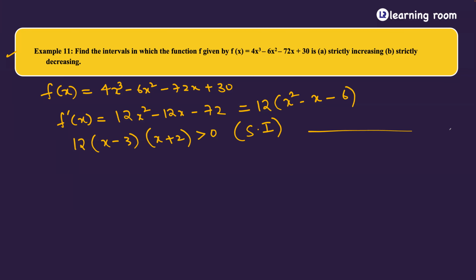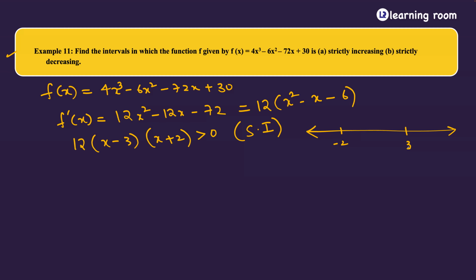Now, if you take this x minus 3 into x plus 2, what you need to do is take a number line, take the endpoints. When will x minus 3 become 0? When you substitute x is equal to 3. So take 3 here. When will x plus 2 become 0? When you substitute x is equal to minus 2. Am I clear with this? Now listen.